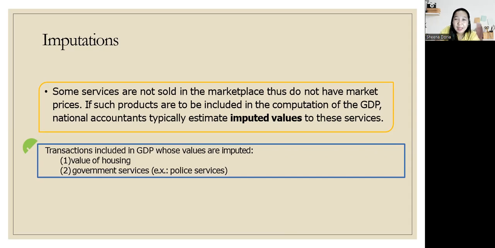Ayan. So imputation is especially important for determining the value of housing. A person who rents a house is buying housing services and providing income for the landlord. The rent is part of the GDP, both as expenditure by the renter and as income for the landlord.